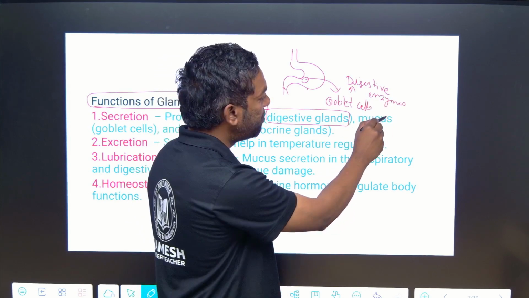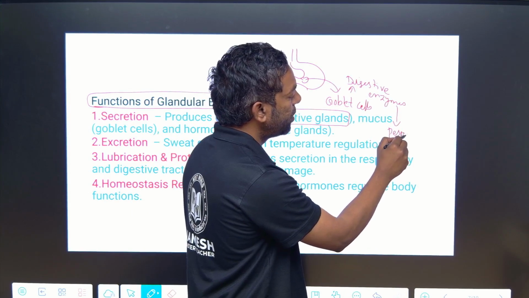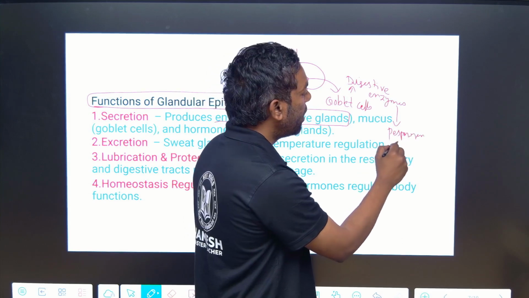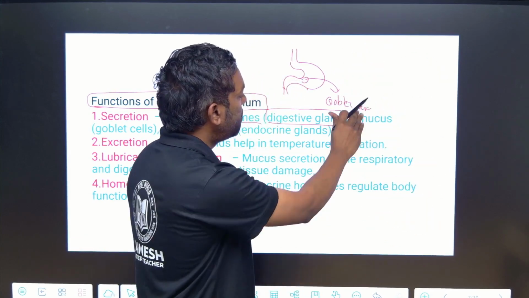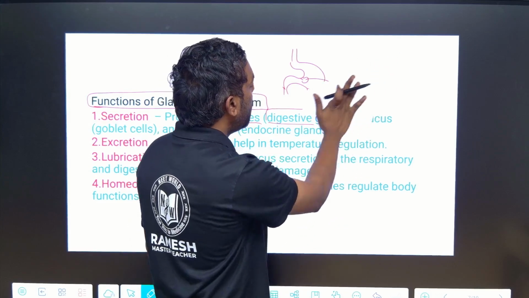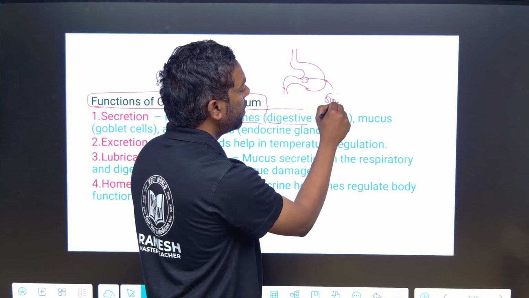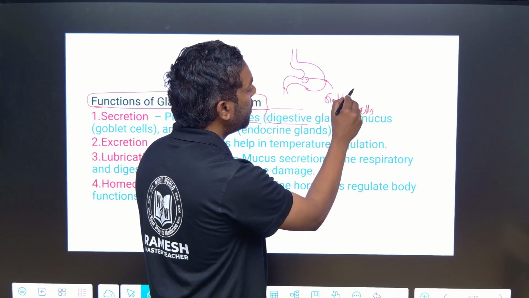Example, pepsinogen, pepsin. These kinds of goblet cells, especially in the glandular epithelium, are in the digestive system.